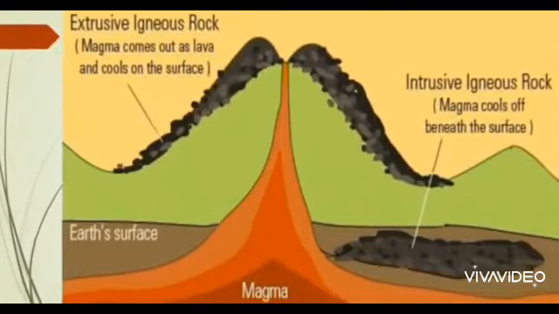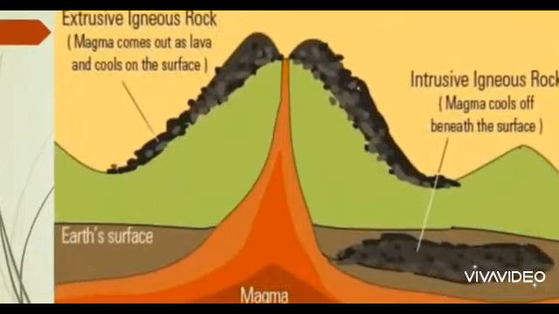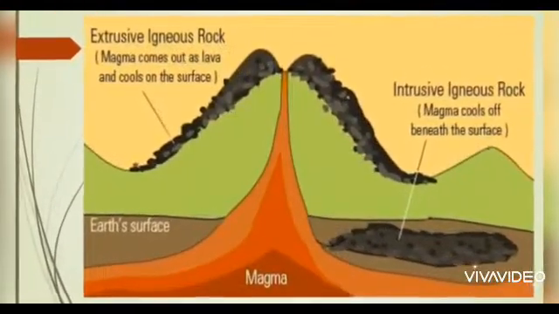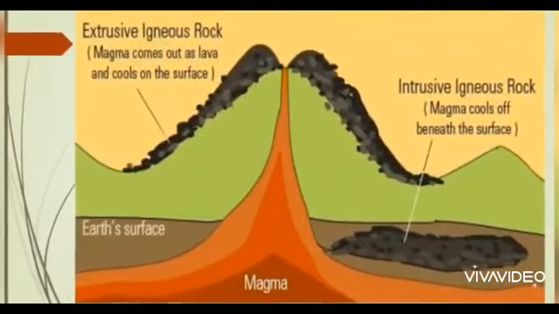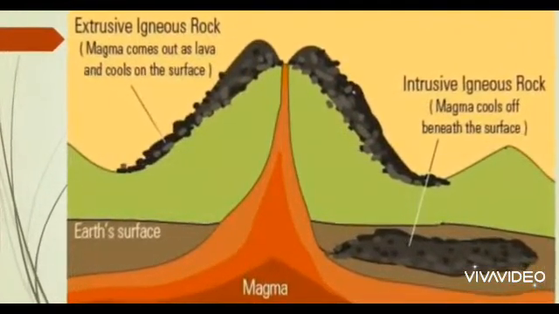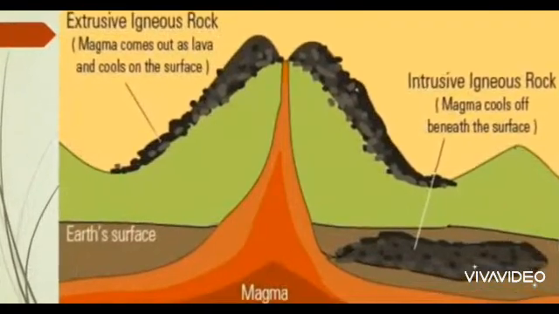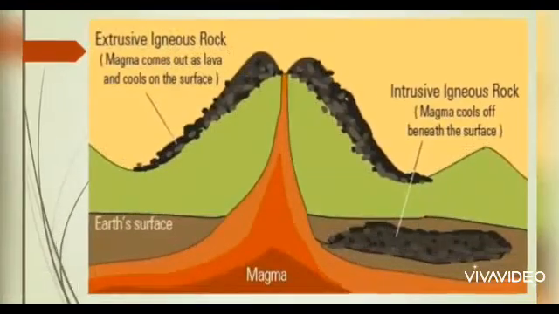Igneous rocks originate deep within the earth near active plate boundaries or hotspots, then rise towards the surface.